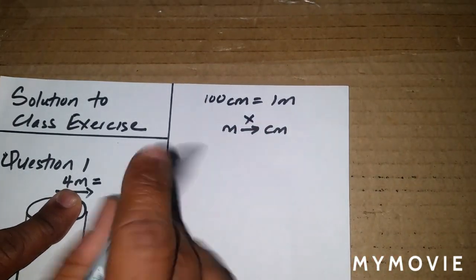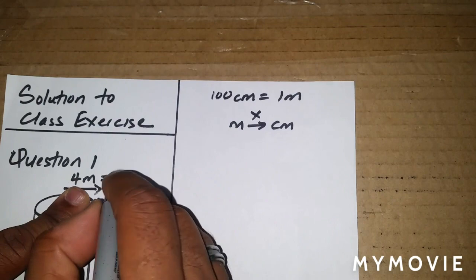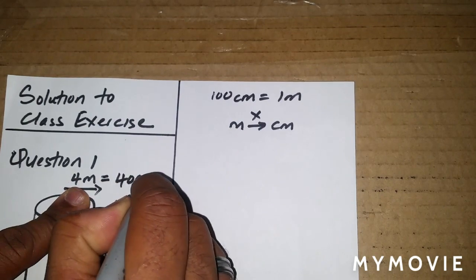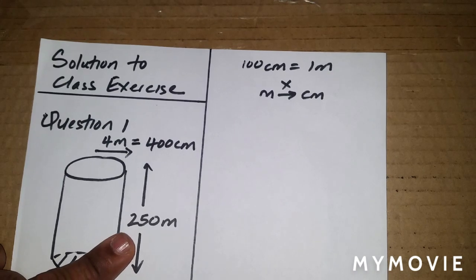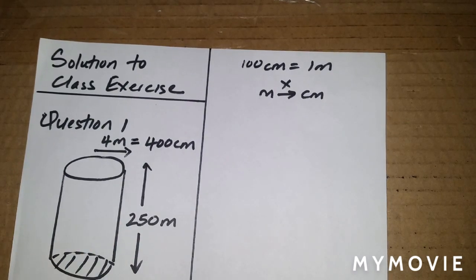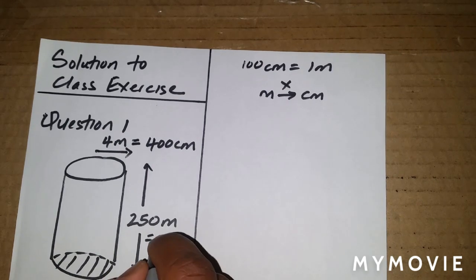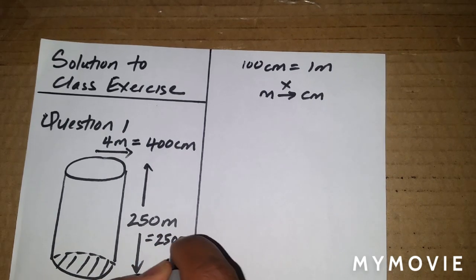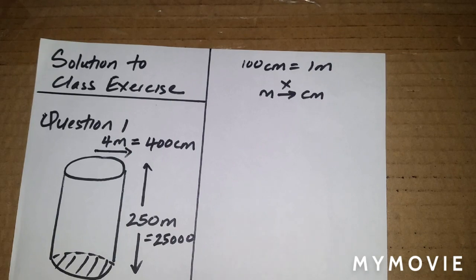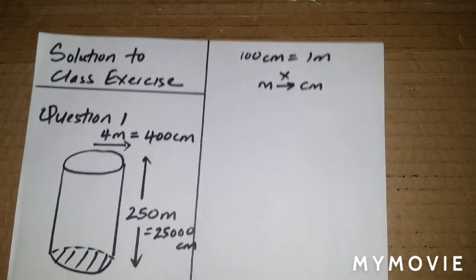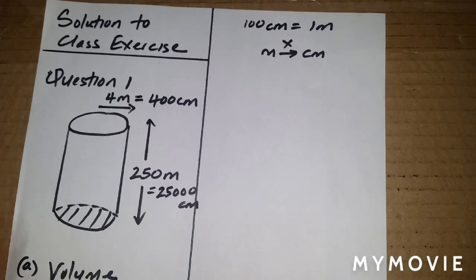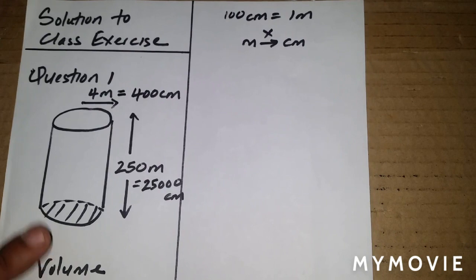So this 4 meters here will be multiplied by 100 to give us 400 centimeters. And similarly, the 250 meters here will be multiplied by 100, and that would give us 25,000 centimeters. So we have the dimensions of the cylinder now in centimeters, okay?